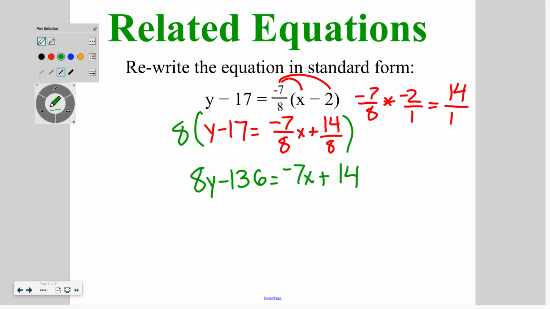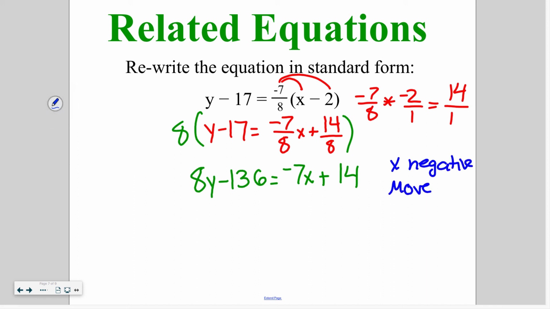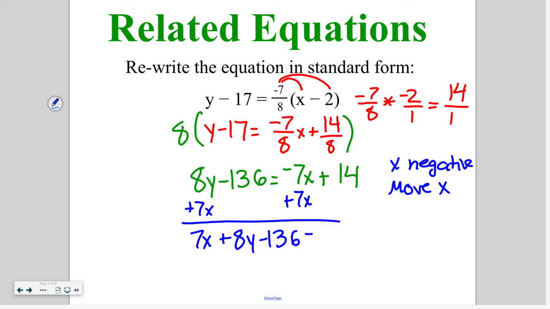Now, as you're going to notice, your x is negative, which means we need to move it. So in order to move negative 7x, we're going to add 7x to both sides, giving us 7x plus 8y minus 136 is equal to 14.